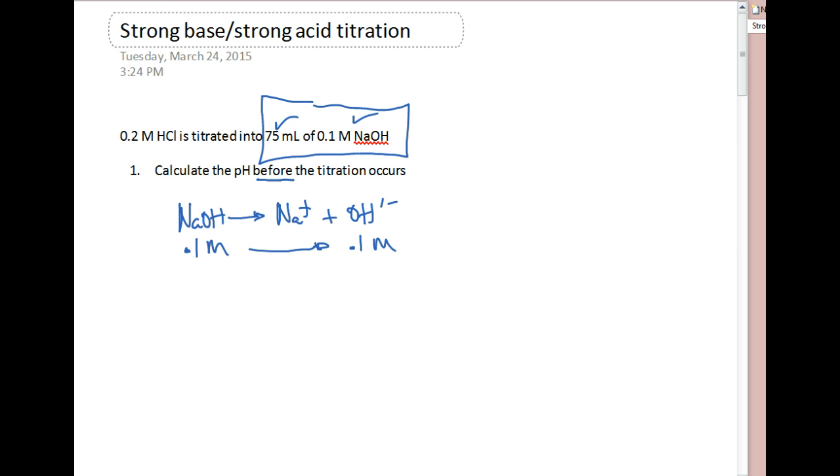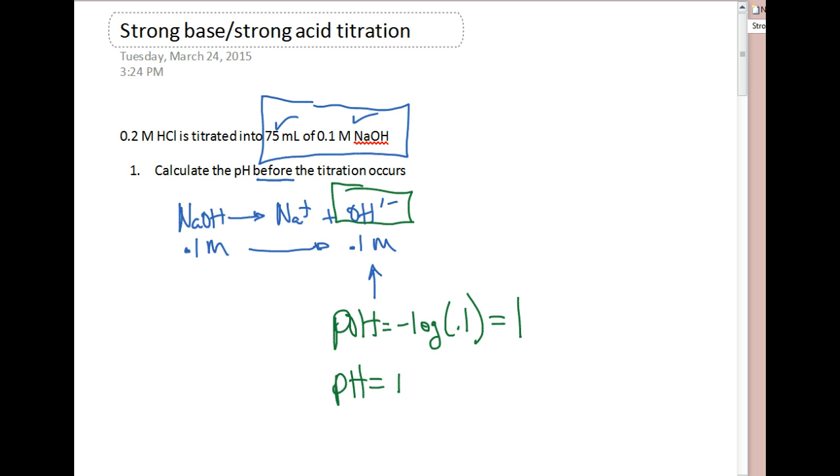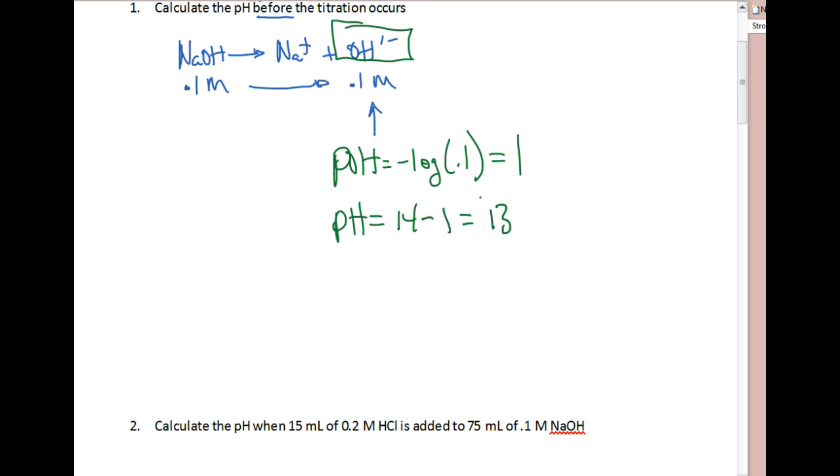But because it's hydroxide, we're going to calculate the pOH. We take the negative log of 0.1, which gives us a pOH of 1, and then the pH is going to be 14 minus 1, so our pH is 13. So that's our starting point here.